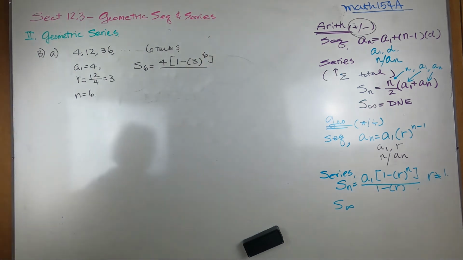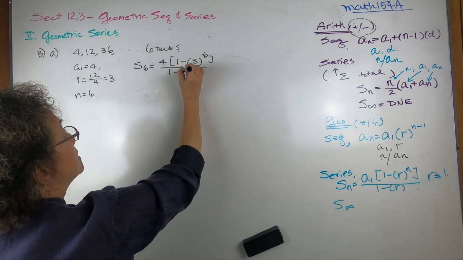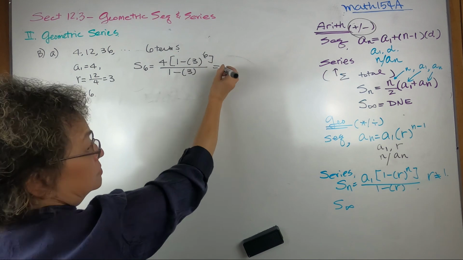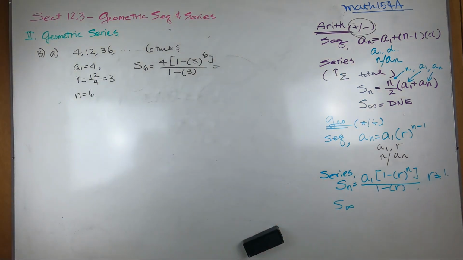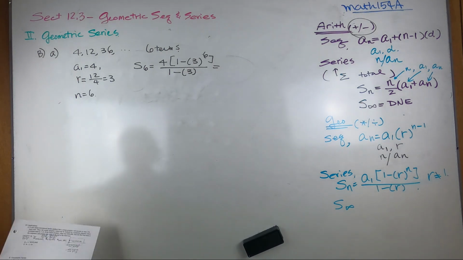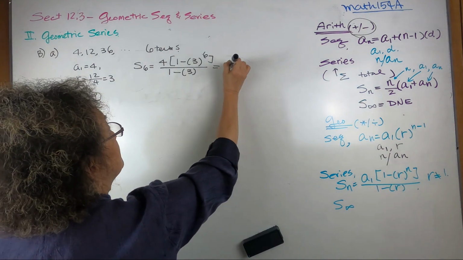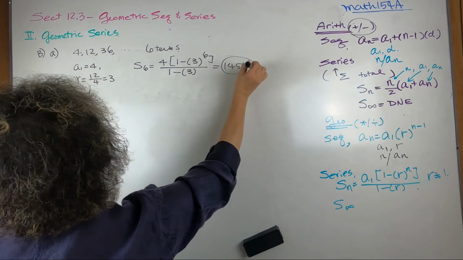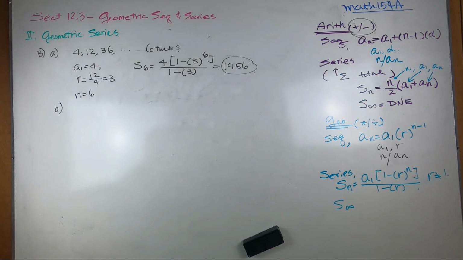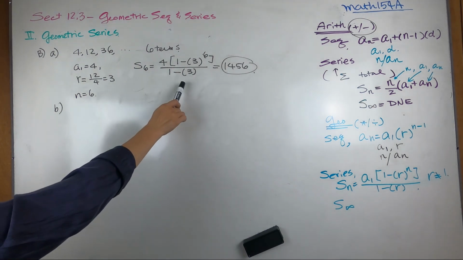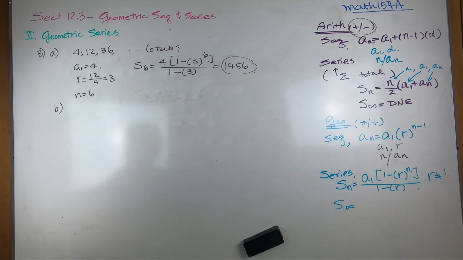So we need to do that. Then divided by 1 minus 3, right? We just plug in this formula. Then what do we have? Then you just plug in the calculator. Then you should get 1,456. Make sure you do that, right? Actually, when you watch this, you should do this right away. Make sure you get it before you move on.